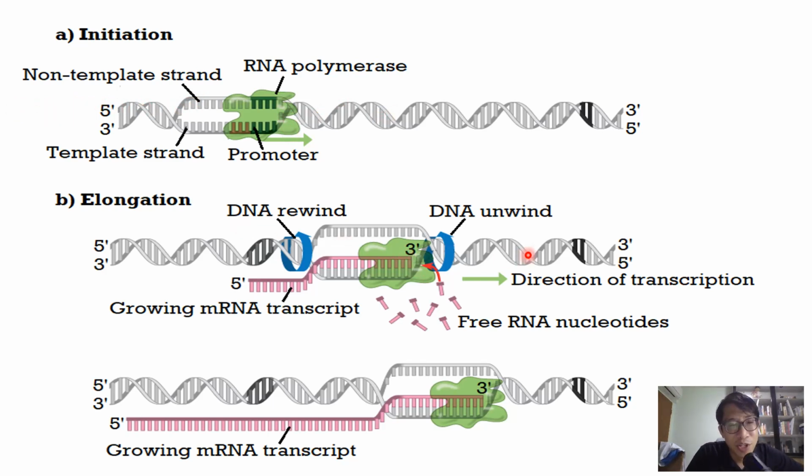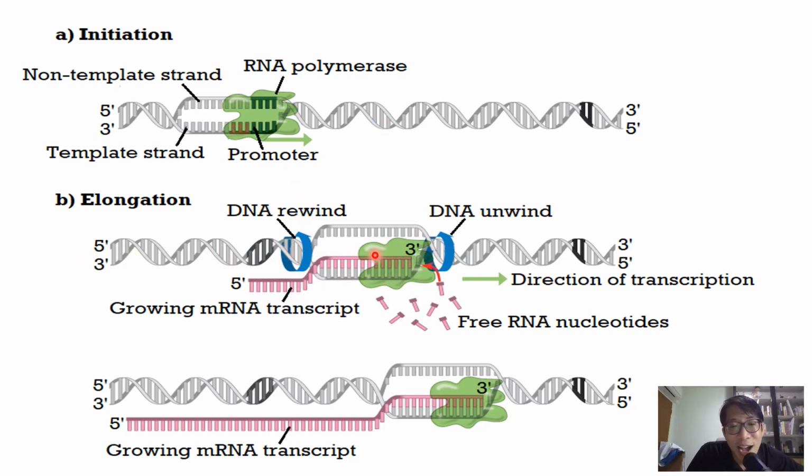But for transcription, it's different. The RNA polymerase unwinds the DNA double helix so transcription can continue, but once transcription is done, at the back of the RNA polymerase, the DNA actually rewinds. The DNA doesn't unwind in this direction; it rewinds after the RNA polymerase has left.